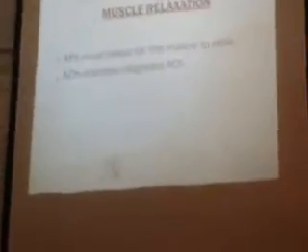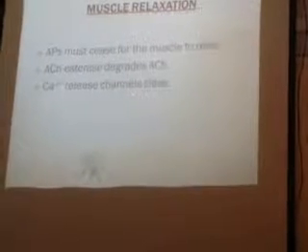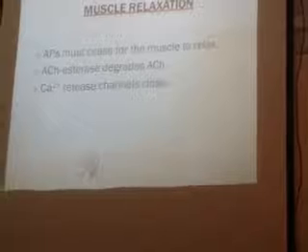Second, acetylcholinesterase degrades acetylcholine, because if the acetylcholine remains, it will bind again, causing contraction. And third, calcium release channels close. This should happen, because if more calcium is there, then again it goes for muscular contraction. So calcium release channels should be closed.